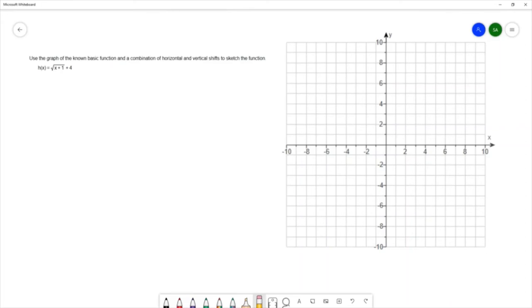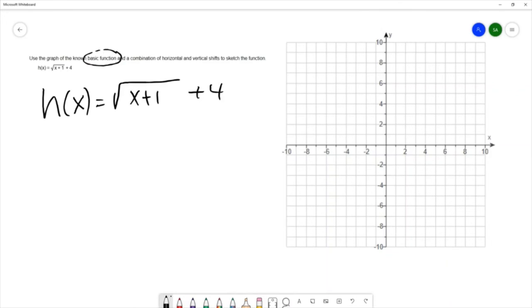For this question, we want to use the graph of the known basic function and a combination of horizontal and vertical shifts to sketch the function. Our function is h of x equals the square root of x plus 1, plus 4. First we want to figure out what the basic function is, and there's a clue in our equation.